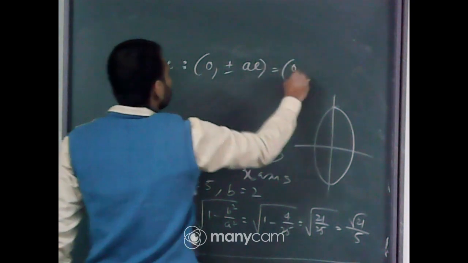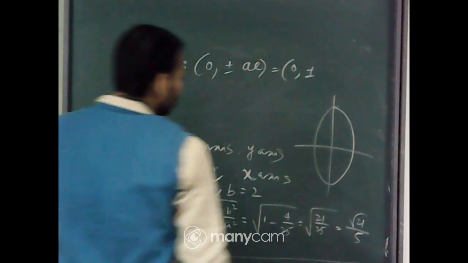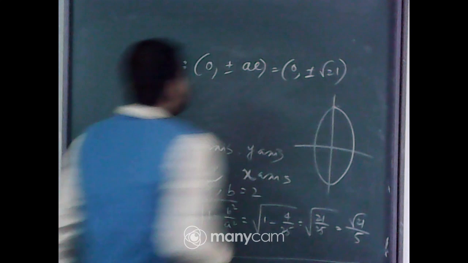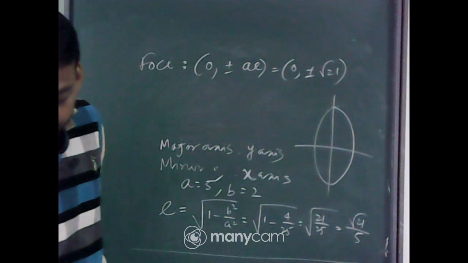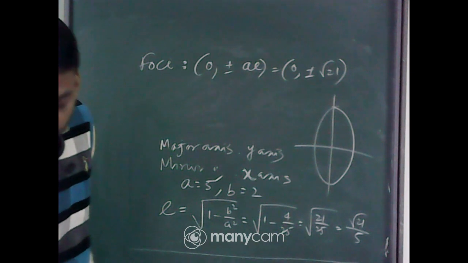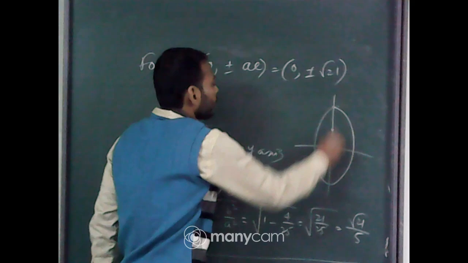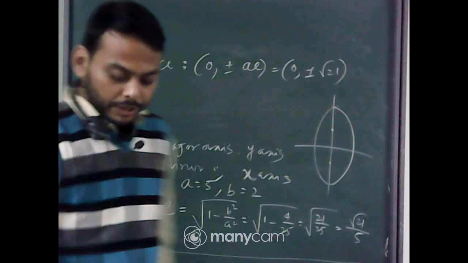That means 0 comma plus minus ae, where a is 5 and e is root 21 by 5. So plus minus root 21. So 0 comma plus minus root 21. This is the coordinate of foci. That means two foci are there. One is 0 comma root 21 and another is 0 comma minus root 21.